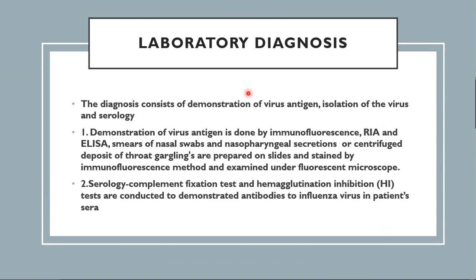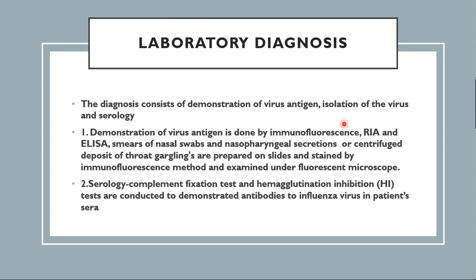Then coming to the laboratory diagnosis, that means how we are going to diagnose it. The diagnosis consists of demonstration of virus antigens, isolation of the virus, and serology. These are the methods by which we demonstrate whether the virus is present in a patient or not.